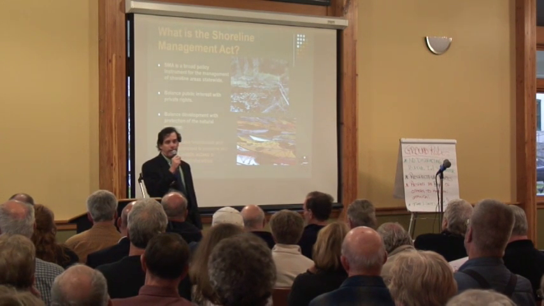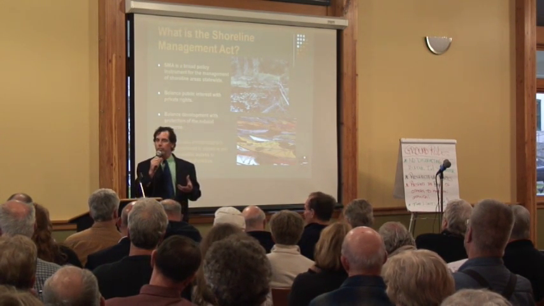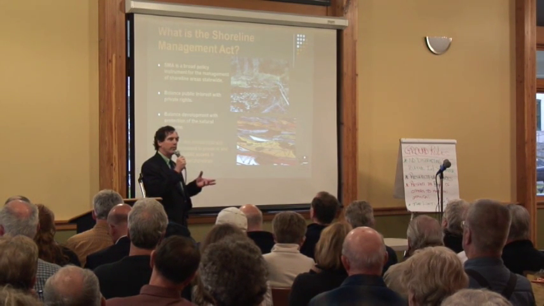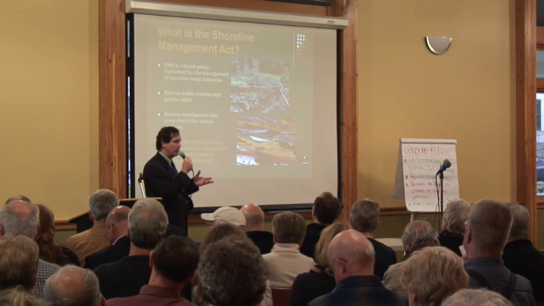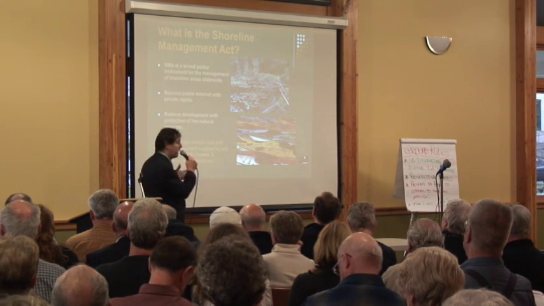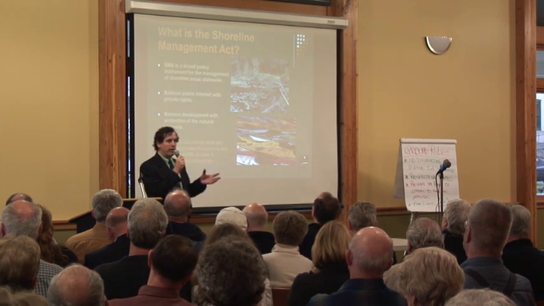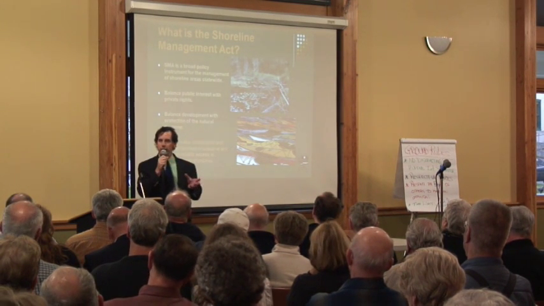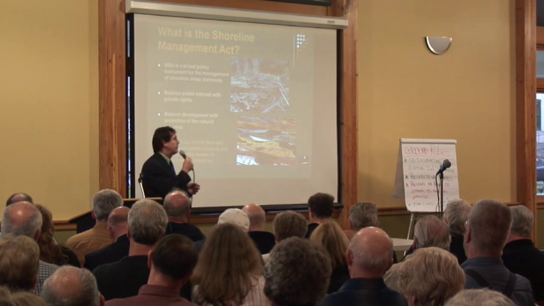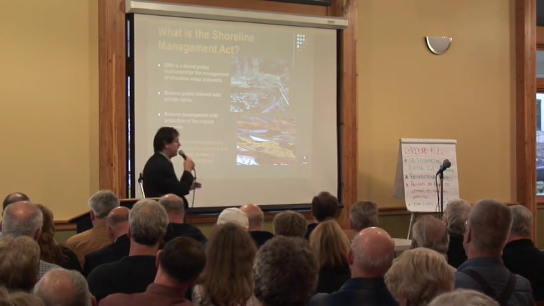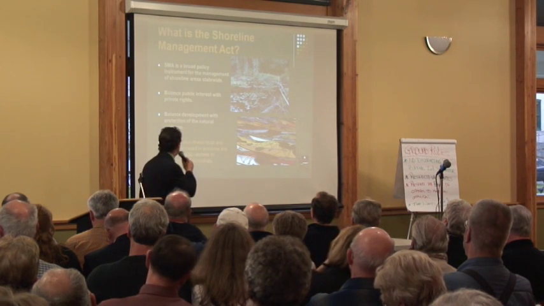The Shoreline Act is basically a broad land use policy instrument that applies what the legislature considered important in managing the state's shorelines. Some of the primary things are balancing the public interest with private property rights and balancing development with protecting natural resources.